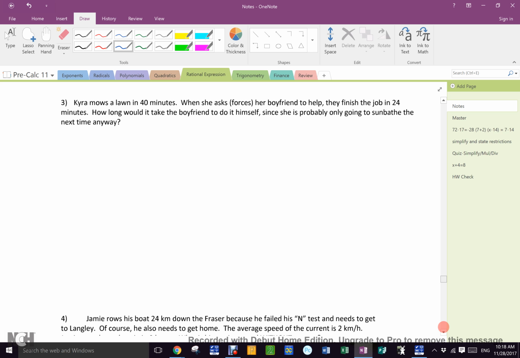Have I had a girlfriend ask me to help her mow the lawn? This one's a little bit different though, isn't it? So talk to your neighbor for a second, see if you can figure out the slight difference here.